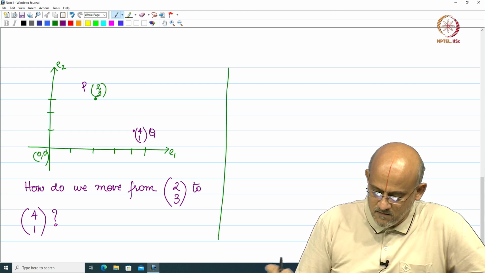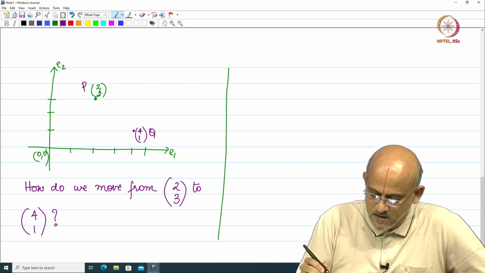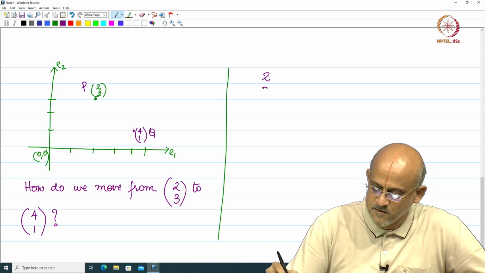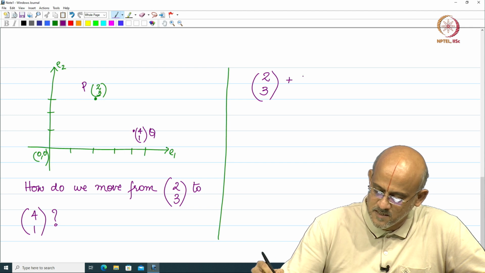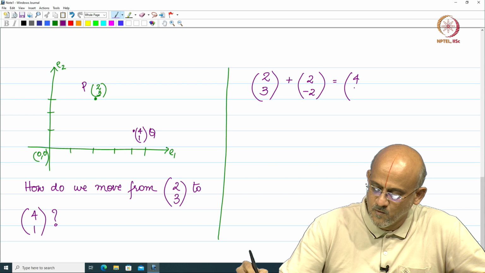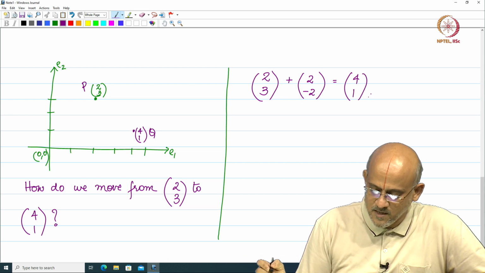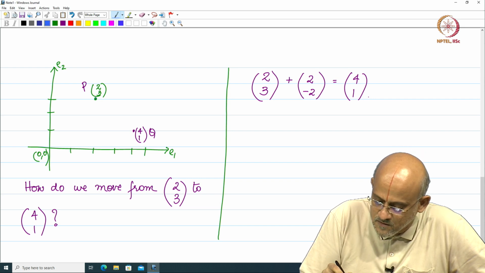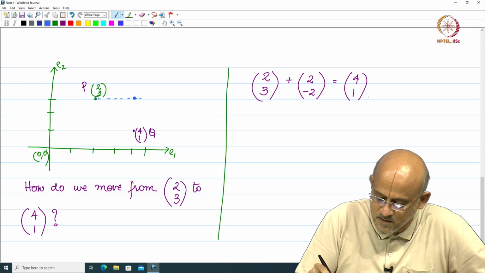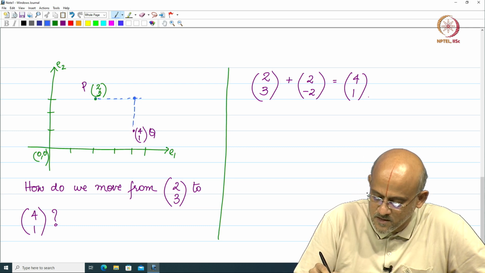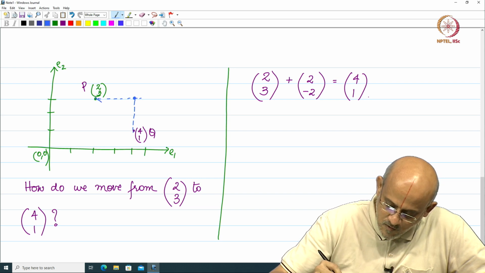If you look at the point (2, 3), in order to go to (4, 1), let us see if we can do this. (2, 3) plus (2, -2) gives me (4, 1), which means I have to travel 2 units along the E1 axis, and then I have to travel minus 2 units along the E2 axis.